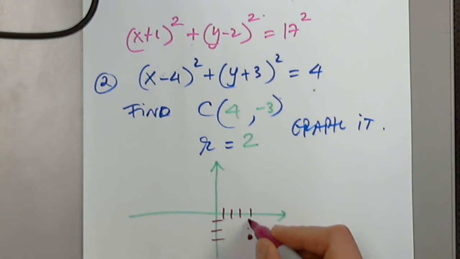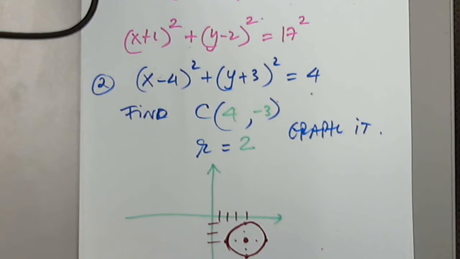Up 2, left 2, right 2, down 2. Here's my circle. So this is the circle with the center at 4, -3 with a radius of 2.